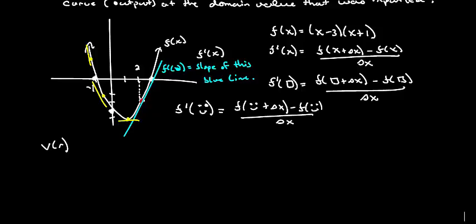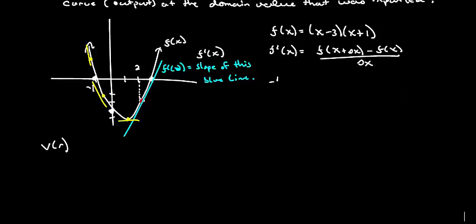So enough about that. Let's go ahead and talk about actually evaluating this. This isn't too hard to evaluate because we already have the function here. My recommendation is you can either take the function and multiply it out, so you can use x squared minus 2x minus 3, or you can use this original. Really irrelevant.